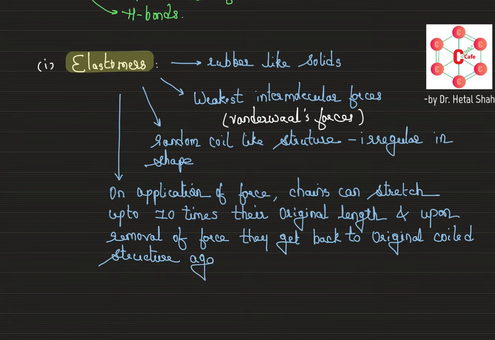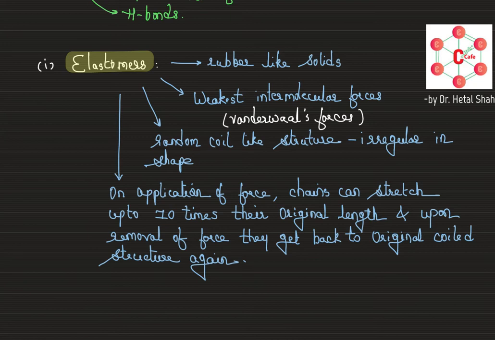Again, see, basically these chains have only van der Waals forces in between them, but at a few points these chains have some cross links. So these long polymeric chains of elastomers have very few cross links, because of which they can retrace back to their original coiled structure when the force is removed, right?